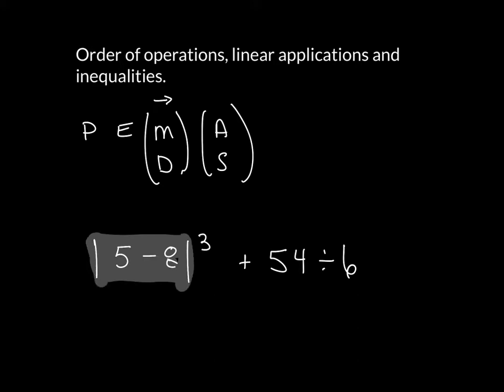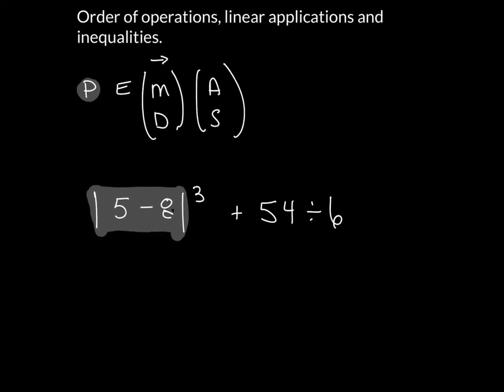So that comes underneath the parenthesis portion of this. So 5 minus 8 is the absolute value of negative 3. Then I have to cube it, but the absolute value of a negative 3 is a positive 3. Then I cube it.